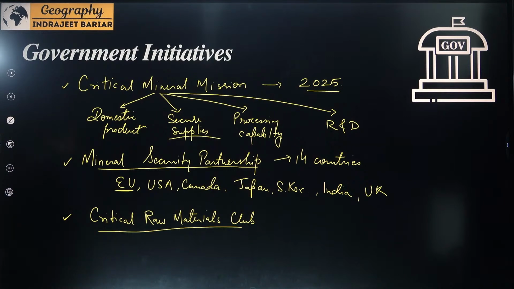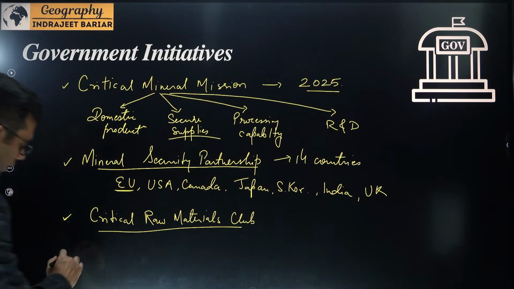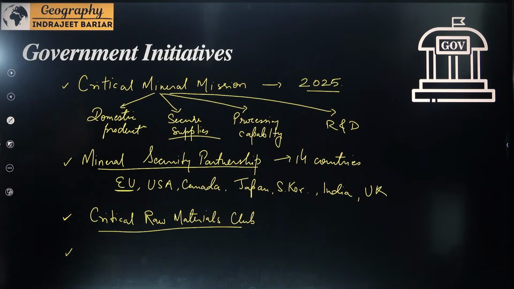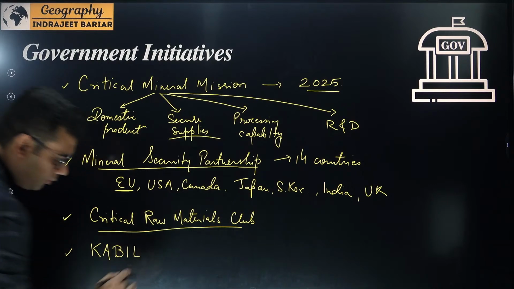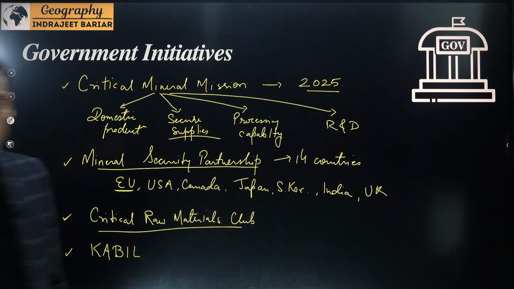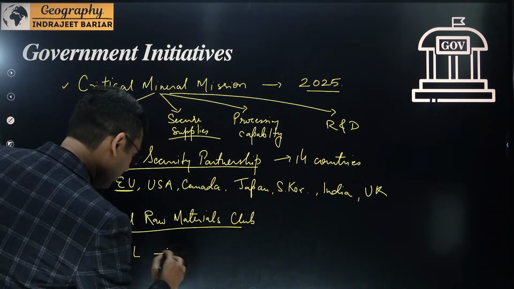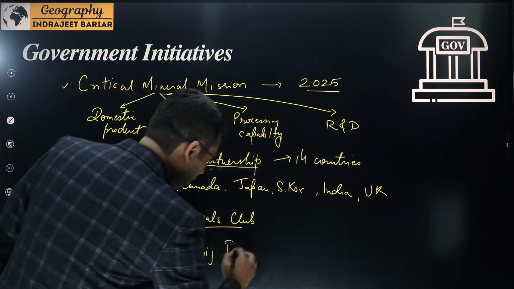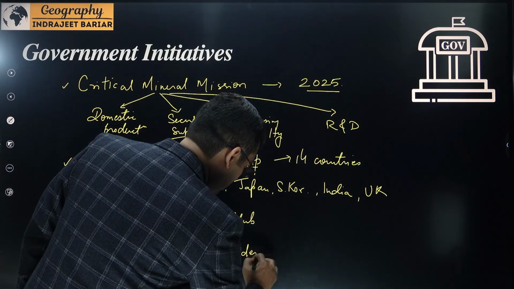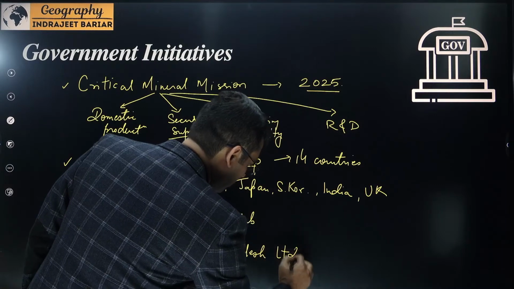So, the Critical Raw Minerals Club. Along with that, what the government has established is KABIL, which is Khanij Videsh Limited.